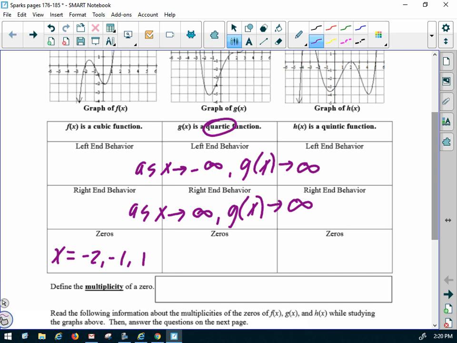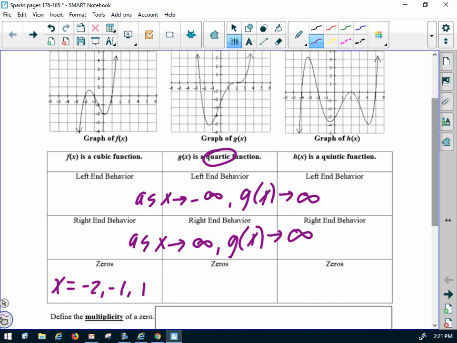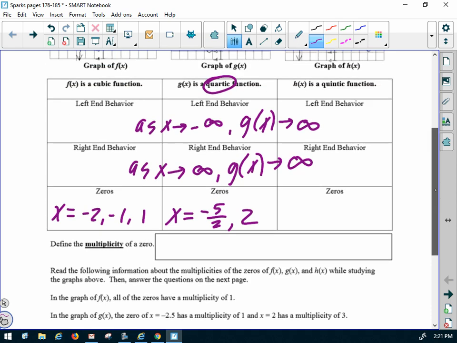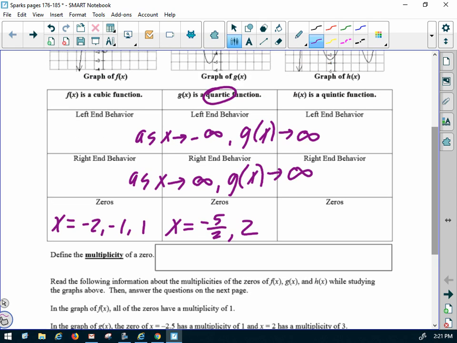Okay. What are the zeros of g of x? Roughly -2.5 and 2. Now wait a minute. How many answers should that have? It better have 4 because that's a quartic.